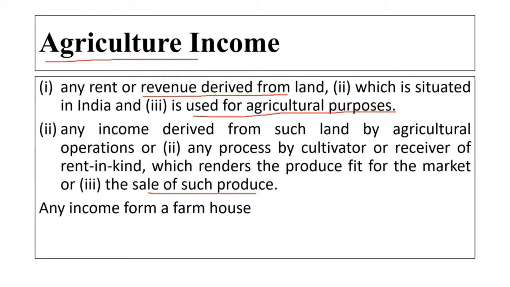So here what we are saying is that the land which we use for the agriculture operation, and whatever we cultivate in that land, we sell that in the market. Any income which we receive from the farmhouse will be agriculture income.